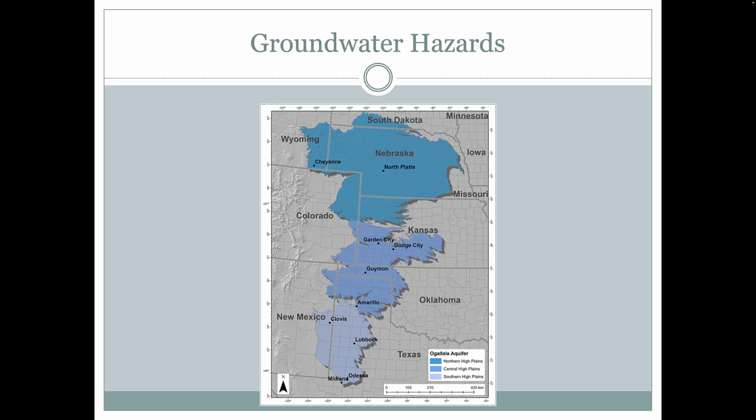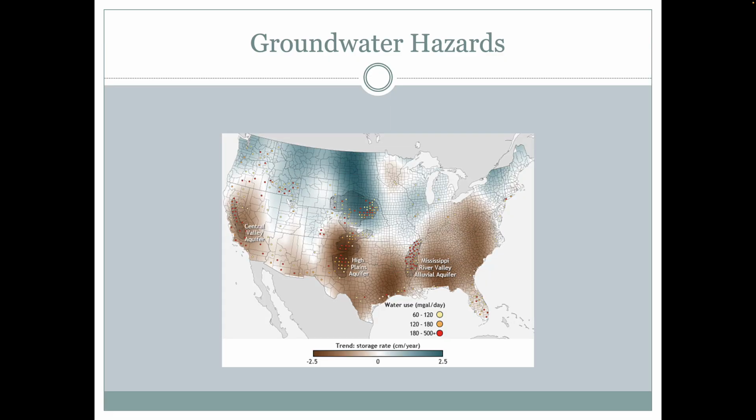But what we can see is that over time, here's the Ogallala Aquifer, once again outlined here, and much of that is going down at a steady rate as far as how much groundwater is being stored there. The water table is going down by about 2.5 centimeters per year, which is about 1 inch a year.